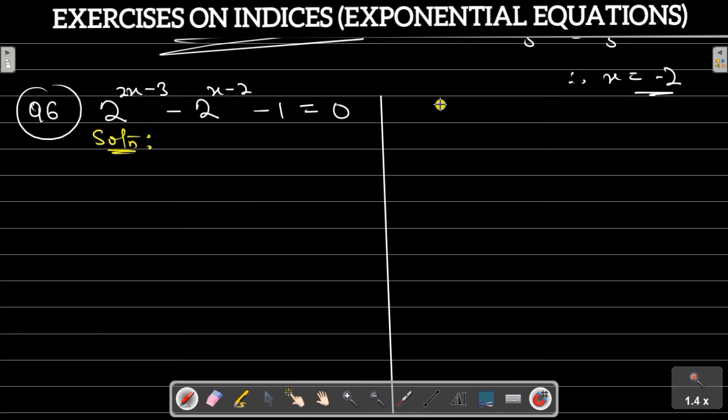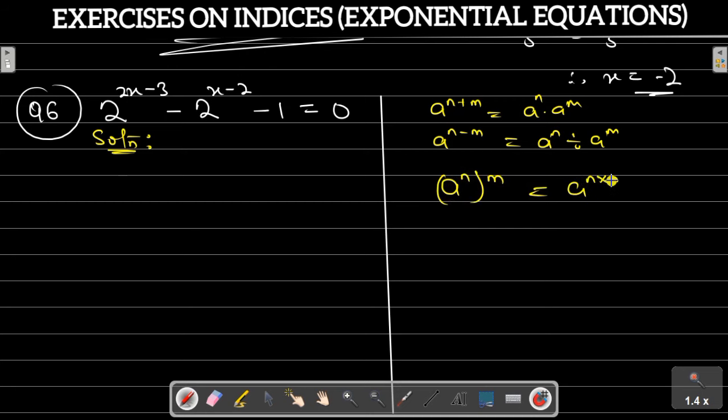So once you remember the multiplication rule, which is this one, and you remember the division rule, which is subtraction, and then you remember the power rule, which is this one, these three rules will guide you a lot when it comes to this particular type of exponential equations.